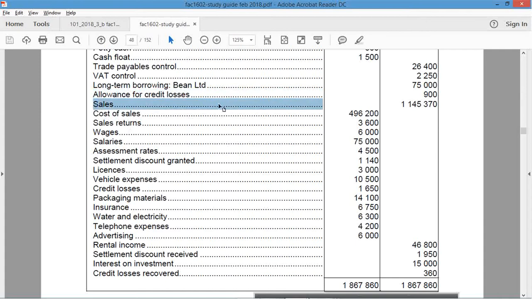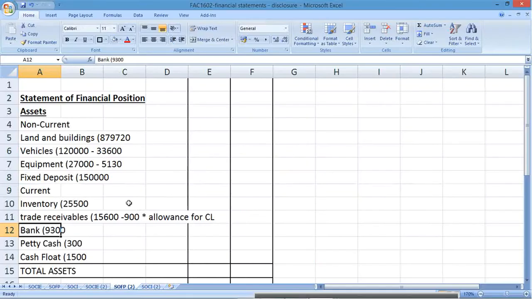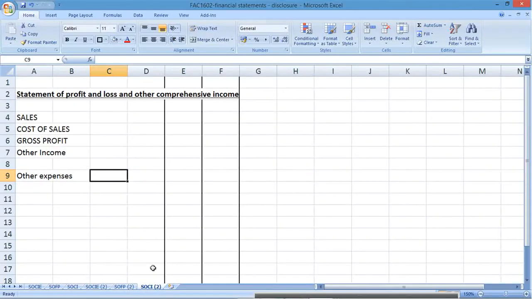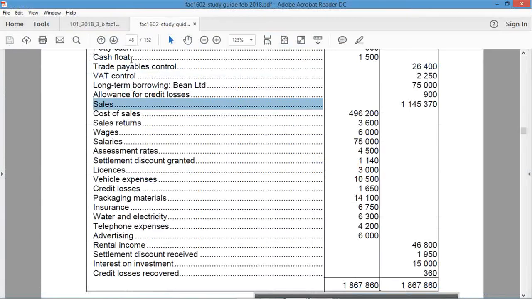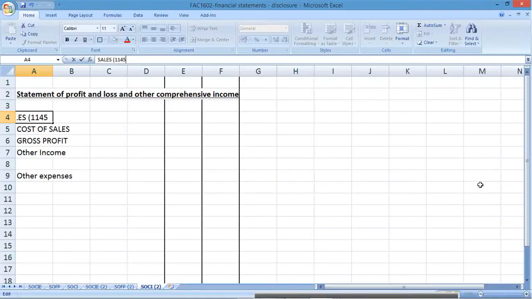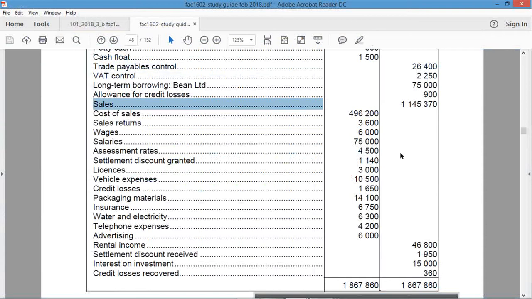Sales, you have to put in the sales, so that goes to income. The sales amount is 1,145,370. Cost of sales, they give you the formula, so you don't have to work it out.